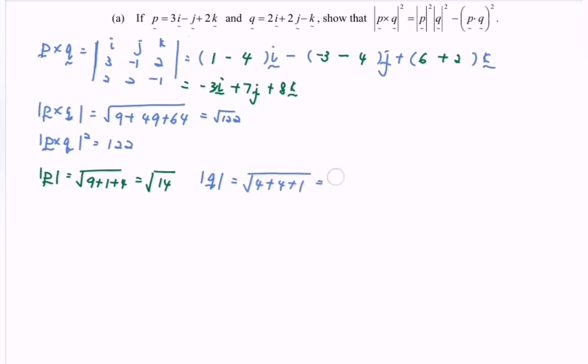So we will have 3. Next, we have to square the given values. So the magnitude of P squared is 14. Next, the magnitude of vector Q squared, then we will have 9.